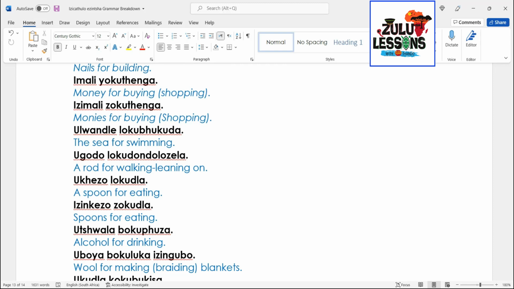Uchwala. Uchwala is a class 7 noun, but it's not very clear or obvious that it's a class 7 noun. That's why it's important for me to just mention it. There are words like this where, the ones who study languages, the linguists and historians, tell us that the language spoken by our ancestors has changed and changed as time progresses and as we meet and mix with other people as well.